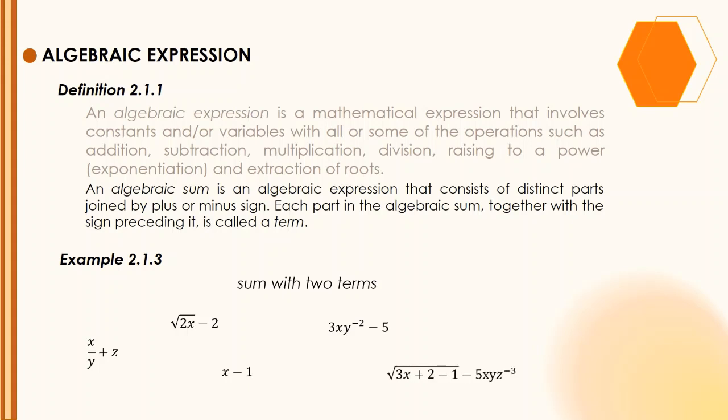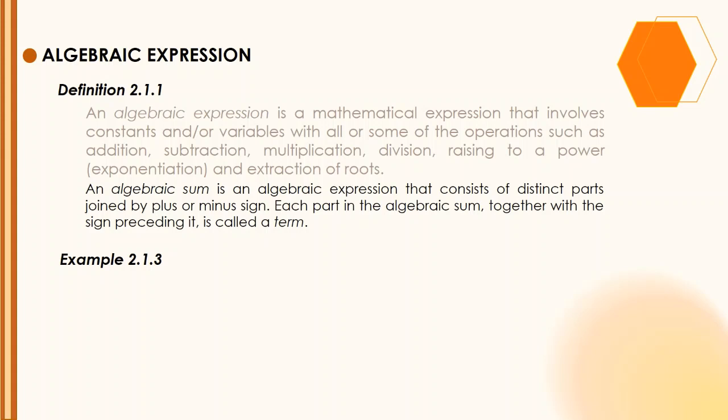Square root of 3x plus 2 minus 1 minus 5xyz to the power of negative 3. So, ang first term dito is yung square root of 3x plus 2 minus 1. Ang second term is negative 5xyz to the power of negative 3. So, ito yung example ng sum with two terms.